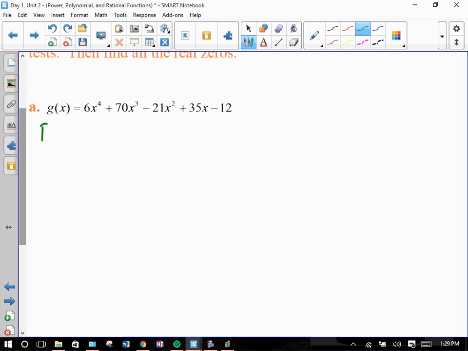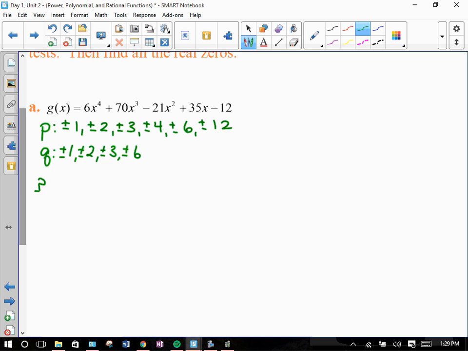Let's start off by going P. It's going to be the factors of negative 12, which is plus or minus 1, plus or minus 2, plus or minus 3, plus or minus 4, plus or minus 6, plus or minus 12. These will be plus or minus 1, plus or minus 2, plus or minus 3, plus or minus 6. Alright. What's the first thing we're going to want to do?